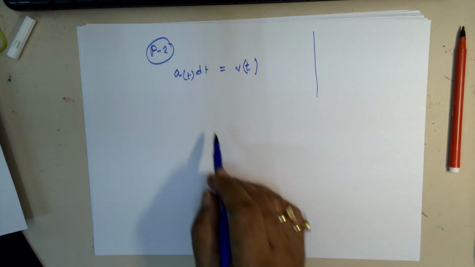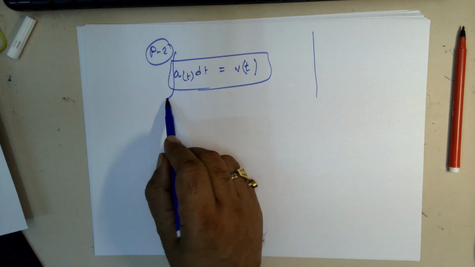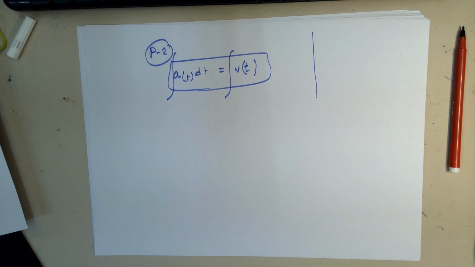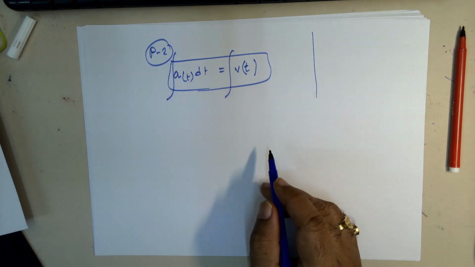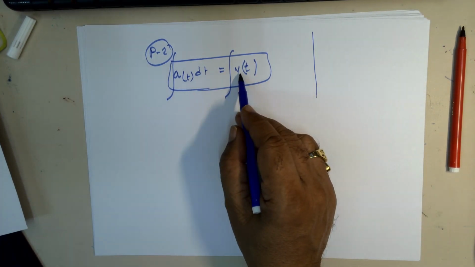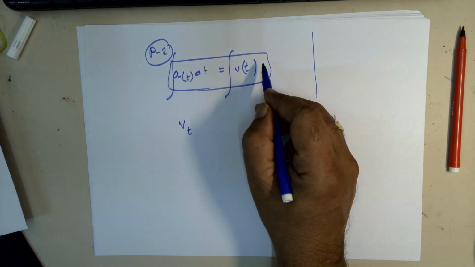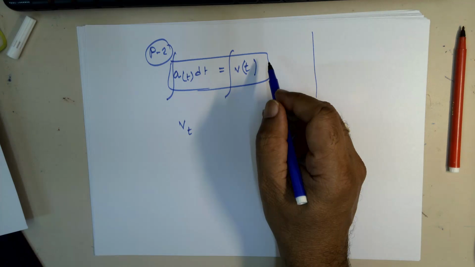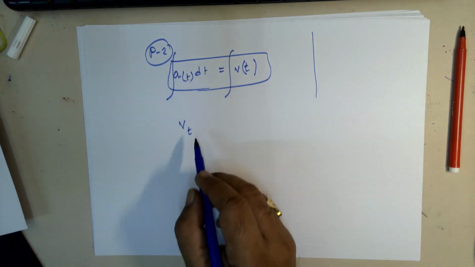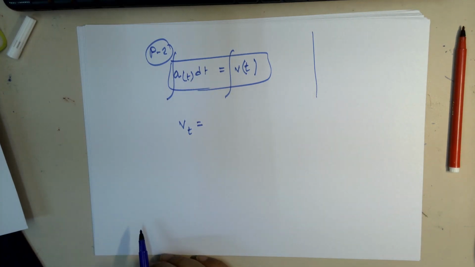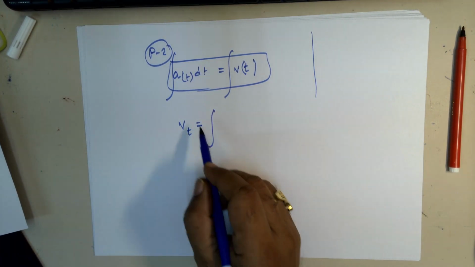Now we have, this is a very important equation. Now we have to integrate it. So on integration, that is v, it becomes v at t only. This vt is equal to, listen to me, now integral between the limits.